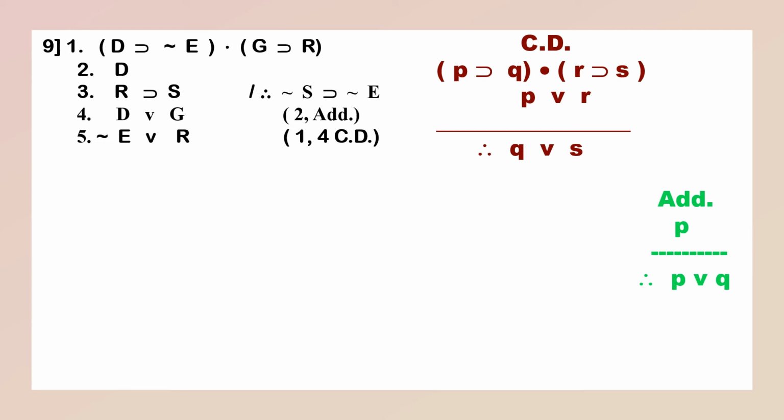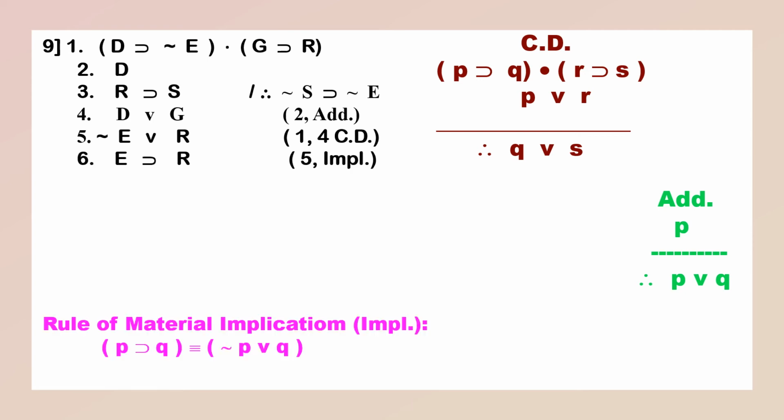Curl E wedge R. Now you can transform wedge into horseshoe by implication, actual implication. The sign of the left component changes, wedge changes into horseshoe, and R remains as it is. So now you can see that R is common, the consequent and antecedent are common.